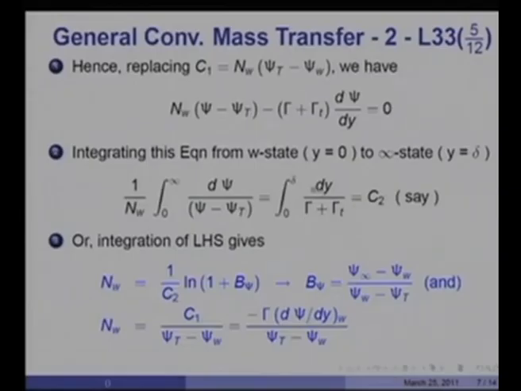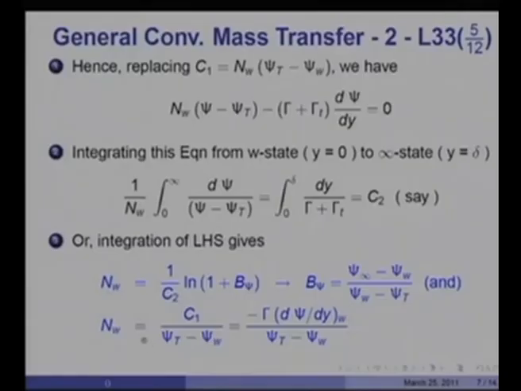So, let us say that integral, like in the previous case, is equal to C2. Then the integration of the left hand side would give me N_W equal to 1 over C2 times ln(1 plus b psi), because same as the previous case, b psi is equal to (psi infinity minus psi w) divided by (psi w minus psi t).